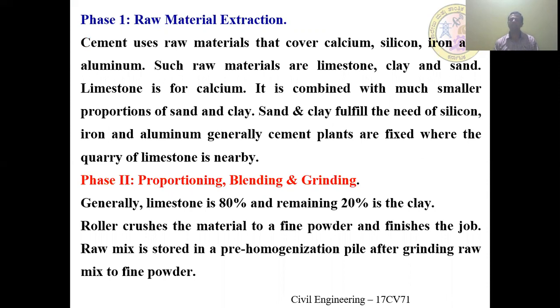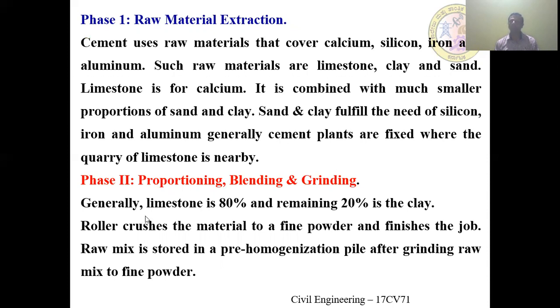Generally, cement plants are fixed where a limestone quarry is nearby. For the manufacturing of cement, the first requirement is raw materials: calcium, silicon, iron and aluminum. The sources will be limestone, sand and clay, and iron and aluminum.